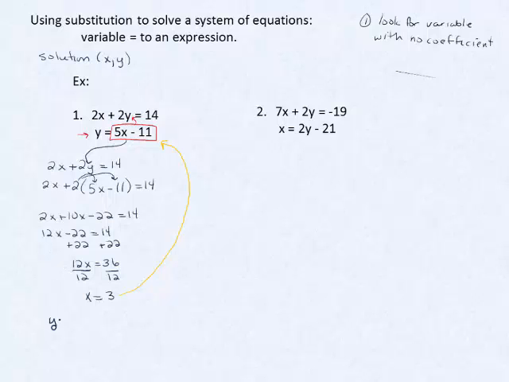So y is equal to 5x minus 11. x is 3, so that's 5 times 3 minus 11, which gives me 15 minus 11, which equals 4. So y is equal to 4. I have x equal to 3, y equal to 4, and that gives me my solution, the ordered pair (3, 4).